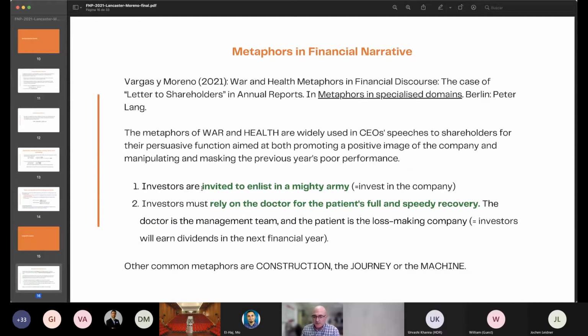So investors are supposed to earn dividends in the next financial year if they trust the doctor. They are the typical metaphors in the letter to the shareholders. Other common metaphors are about constructions, journey, and the machine.